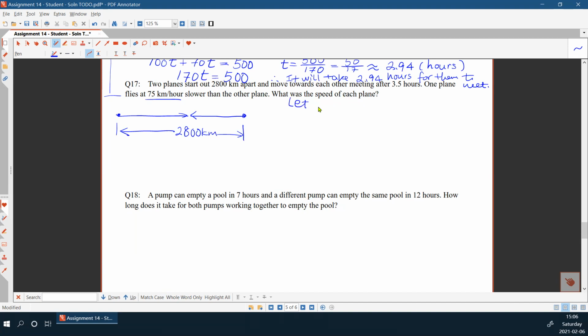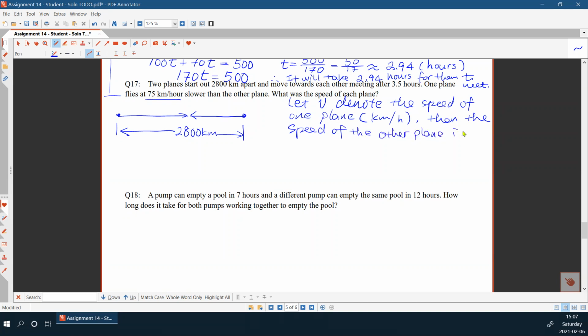So let me use a letter v. Let v denote the speed of one plane. It's workable, right? The unit is kilometers per hour. And how about the speed of the other plane? Then the speed of the other plane is how many?